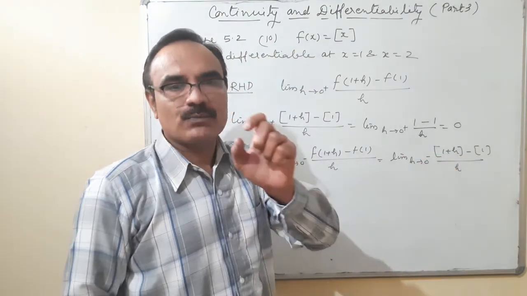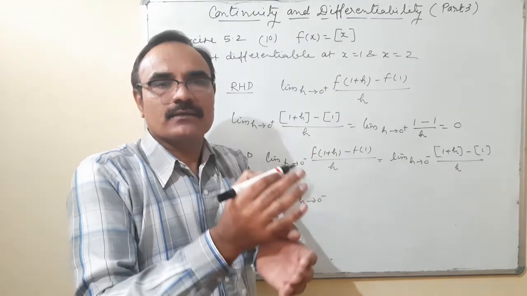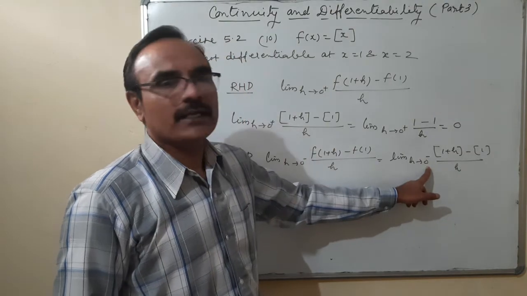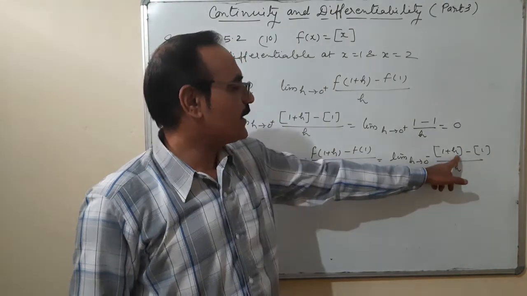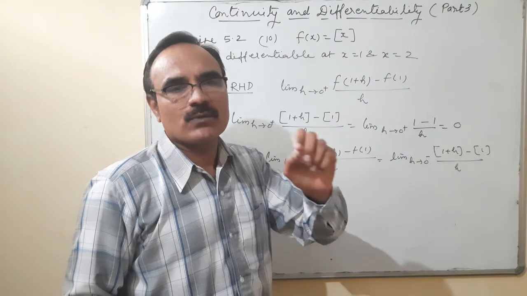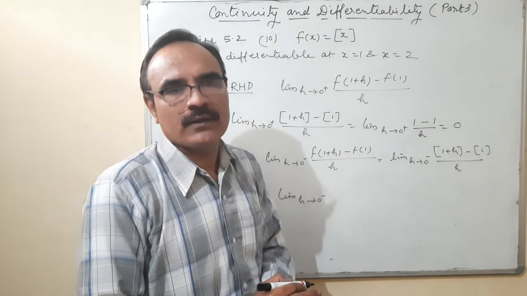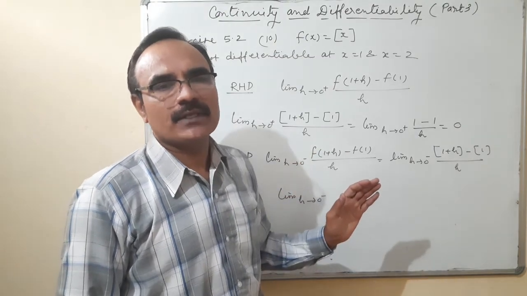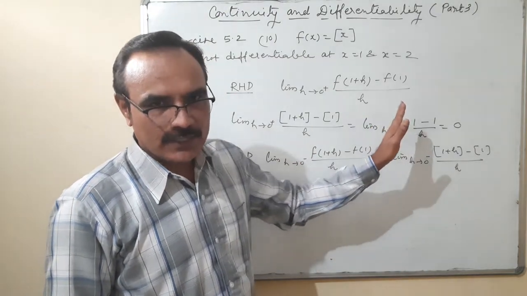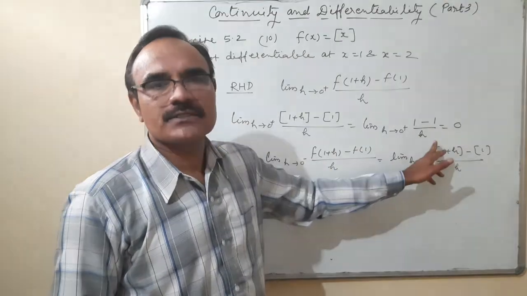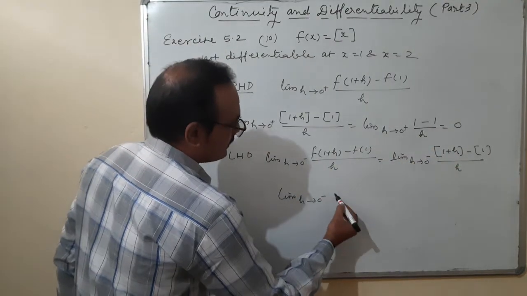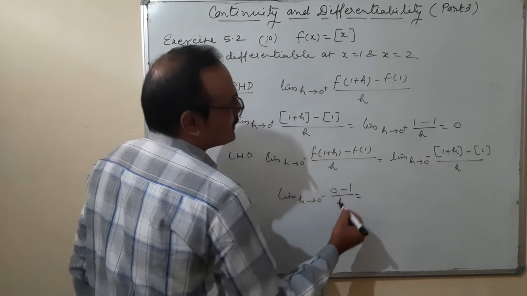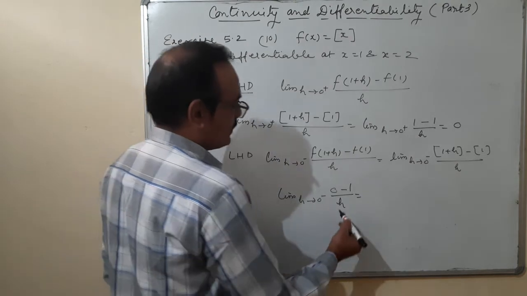This h is a very small quantity, but it is in the negative sense, a small negative quantity, because we are talking about the left hand derivative. So when we subtract a very small quantity from 1, the result is 0.999 something, which means that the value of this greatest integer function is 0. So here I write 0 minus 1 upon h, which is minus 1 upon h.